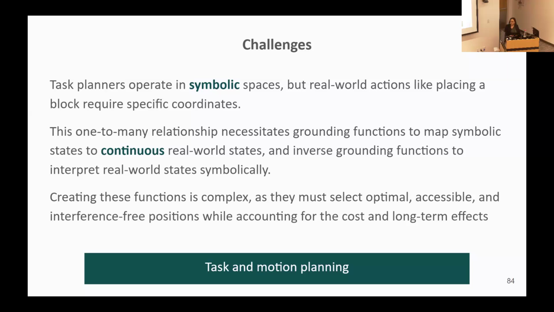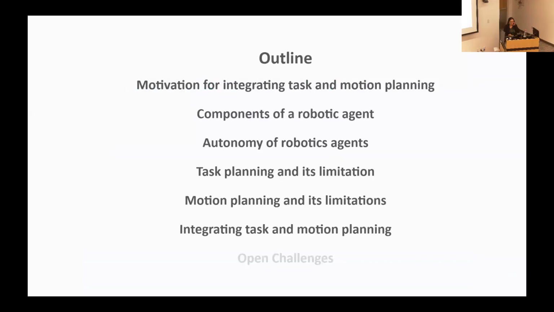And creating these functions is very hard. Anybody try to create this generic pick and place function? It's a very challenging task, taking into account all the possibilities. As I said, you typically see a lot of hard-coded skills in these settings, which I think is a major issue that needs to be addressed.